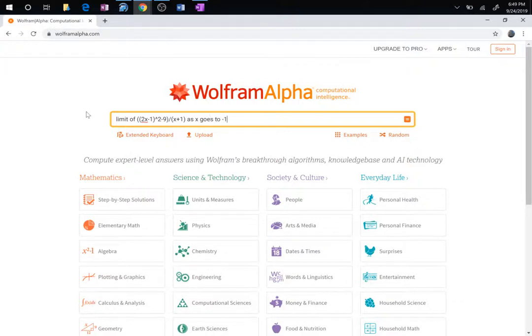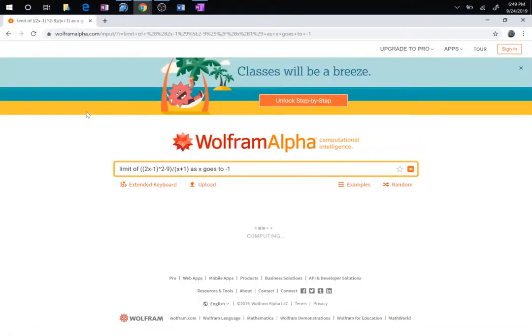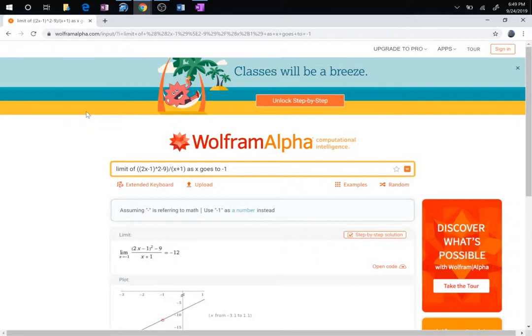So you just talk to it. Push enter, and now wait for negative 12 to show up. And there's negative 12. So we're good to go. So you can check your problems if you care, and it will tell you.